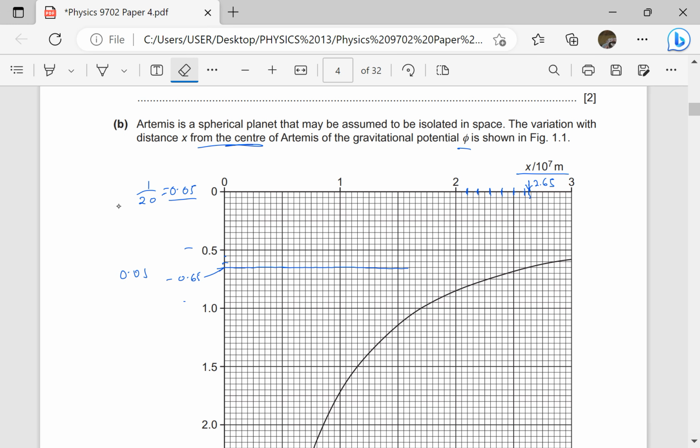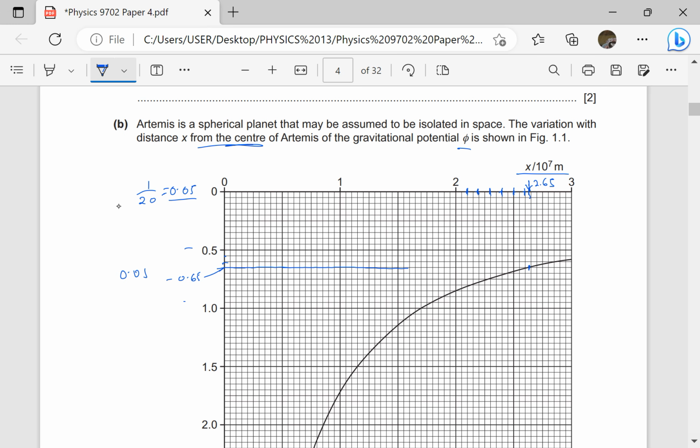Okay, it is slightly beyond the center, so I'm going to take this point here. 2.1, 2.2, 2.3, 2.4, 2.5, 2.6, then one small square is 0.05.